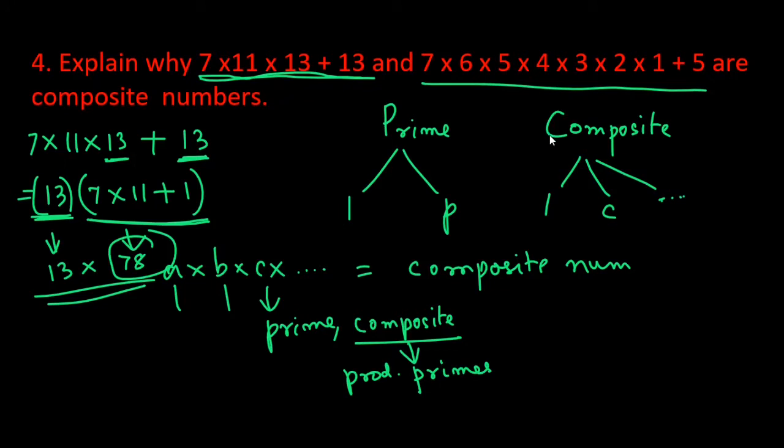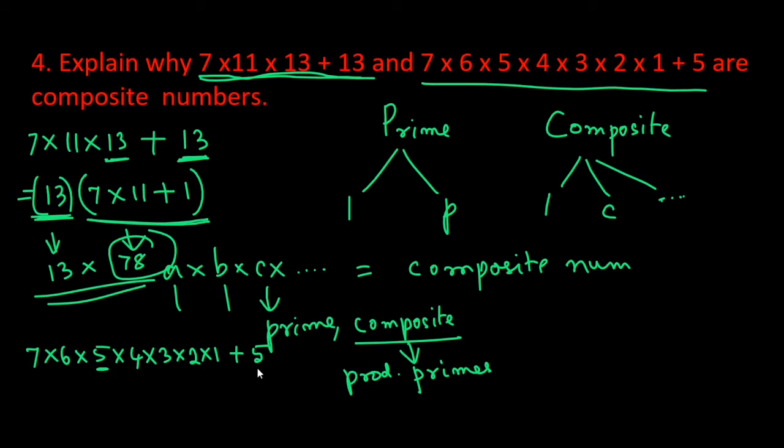Similarly, the other one, 7 into 6 into 5 into 4 into 3 into 2 into 1 plus 5. Here also we are given two products. It is a summation of two products. In the first product, we have a factor 5.